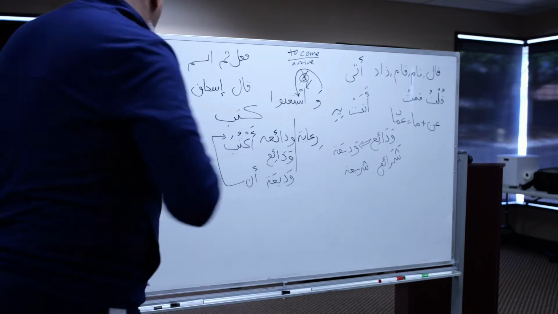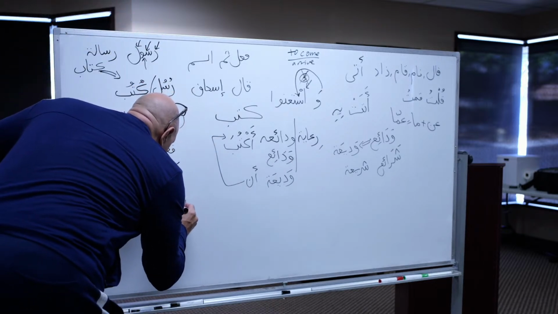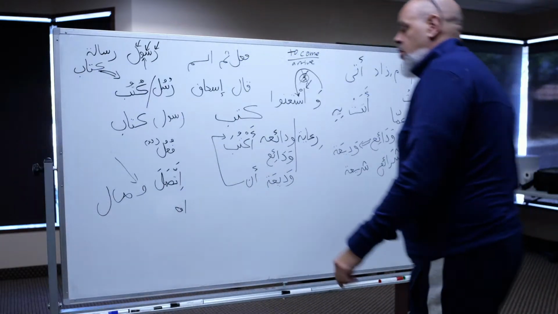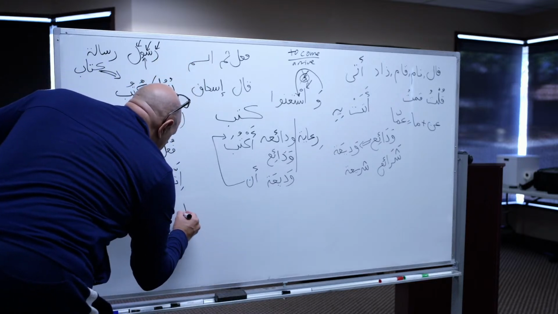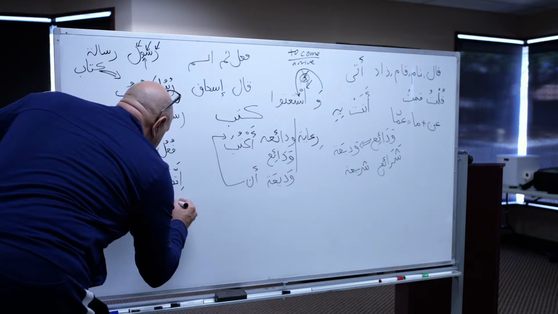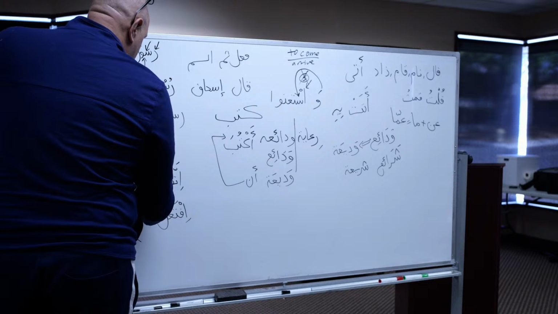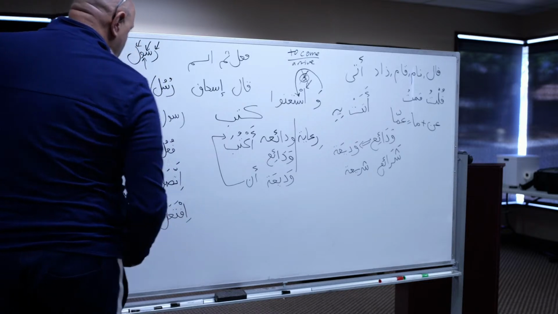So when we construct it on the form of ifta'ala, this waw is going to drop out, and the ta will take a sukun.